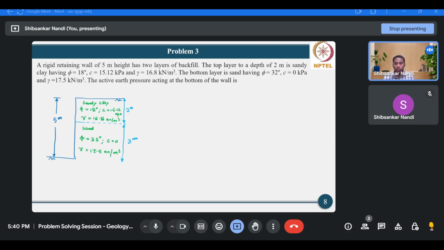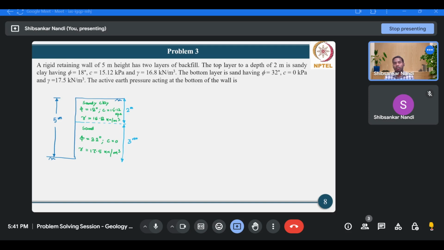From the problem definition, it's quite obvious that the backfill is not homogeneous throughout the height of the wall; the properties vary from layer to layer. So it's a layered backfill case, and obviously we'll have two active earth pressure coefficients.